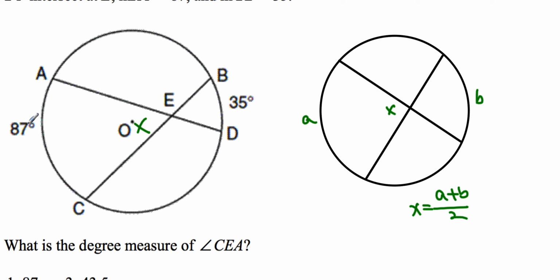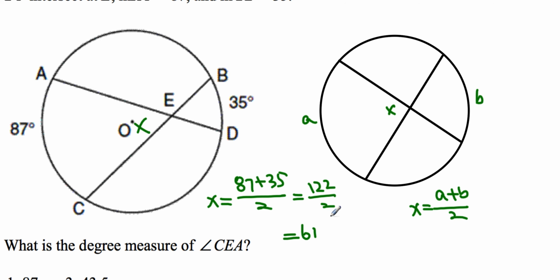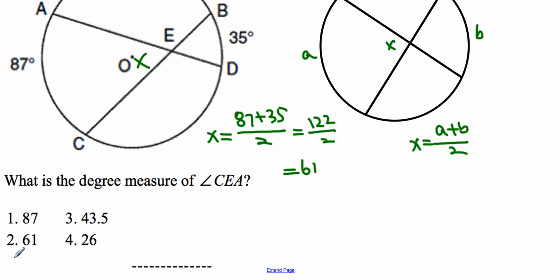So when you add them up, we get x equals 87 plus 35 divided by 2. Then here we get, I believe, 122 over 2, and we end up getting 61 degrees. So choice 2 becomes the answer then.